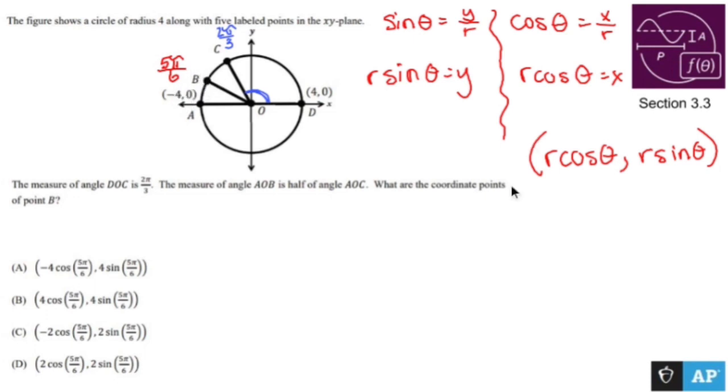So I know that r is my radius, and my radius is 4. So let me write that out. My radius is 4. If this is 5 pi over 6, according to the unit circle, that gives me the point.